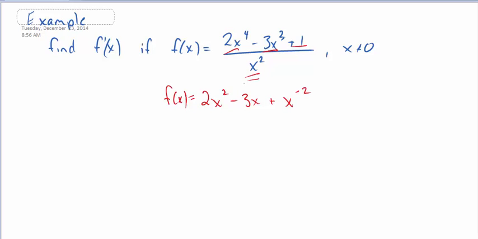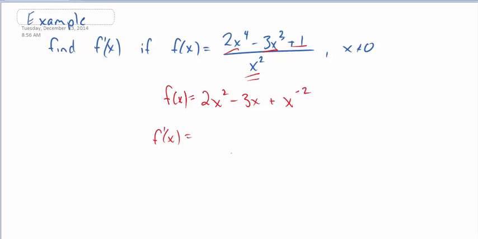And now I have this polynomial written as 3 little power terms that I can differentiate using my power rule. So f prime of x is, pause, you try.